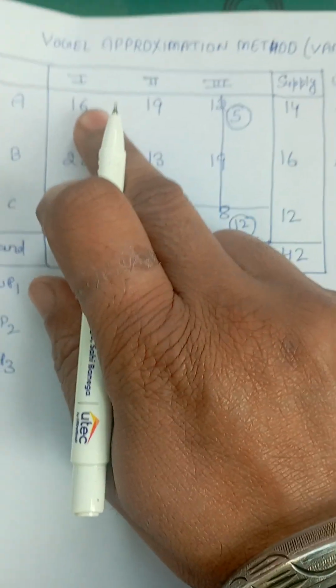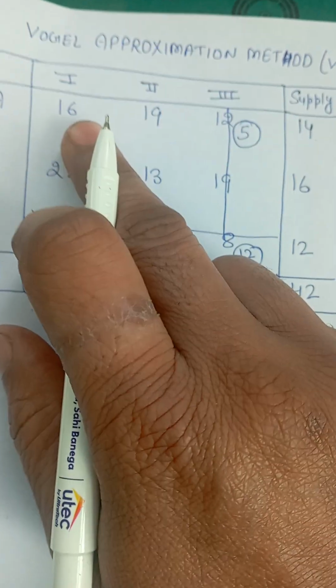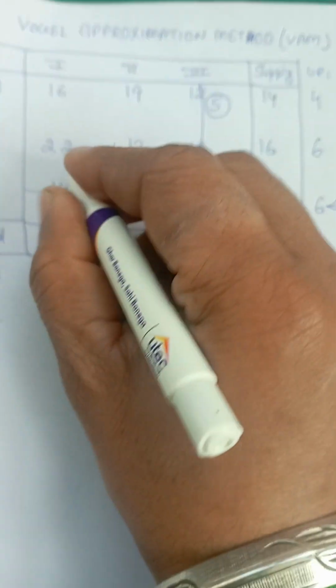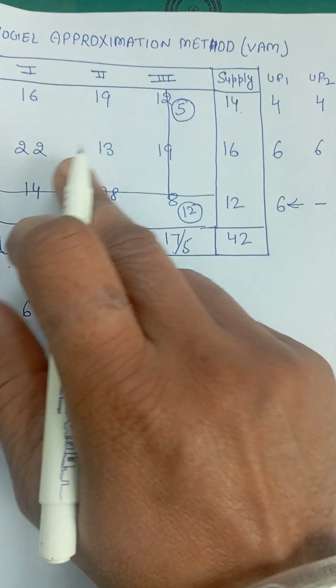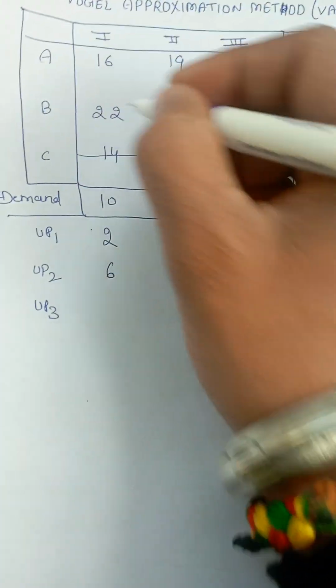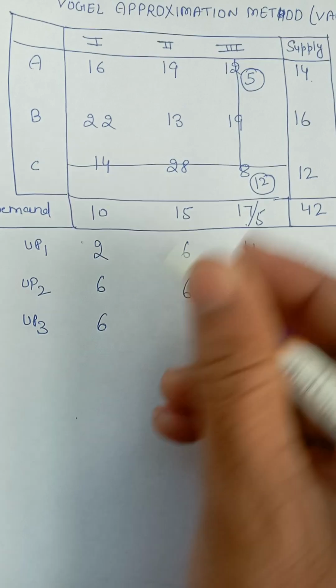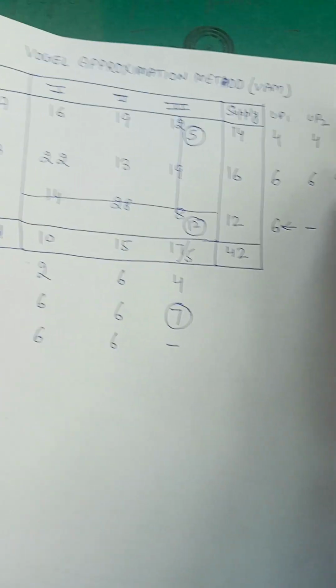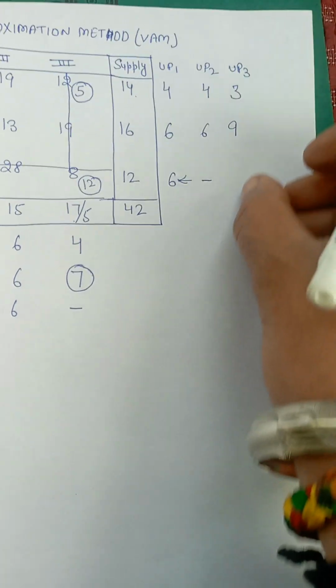Here the two minimum elements are 16 and 19, the difference is 3. 23 and 13, the difference is 9. 16 and 22, the difference is 6. 19 and 13, the difference is 6. And now we select the maximum unit penalty.